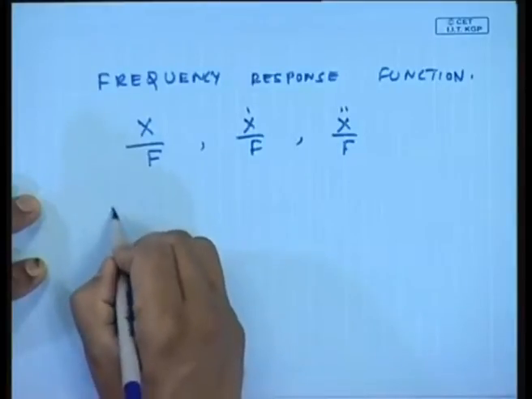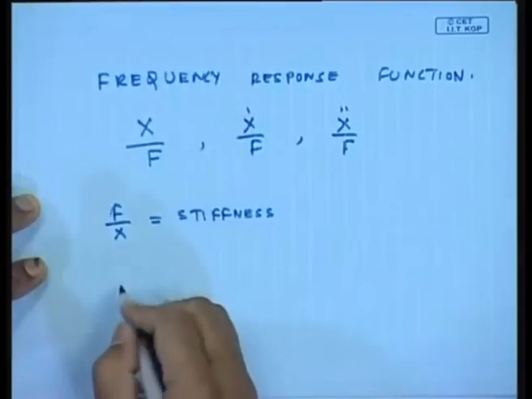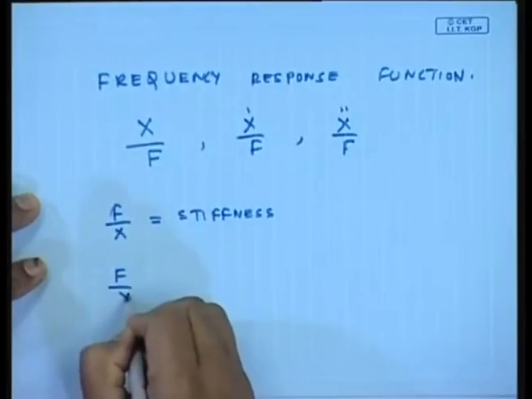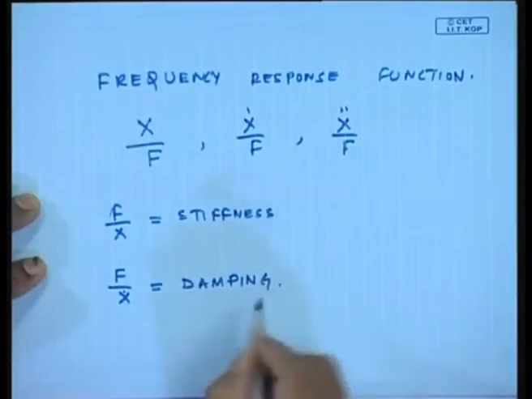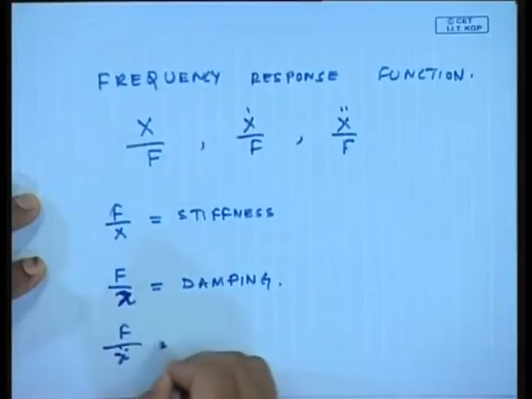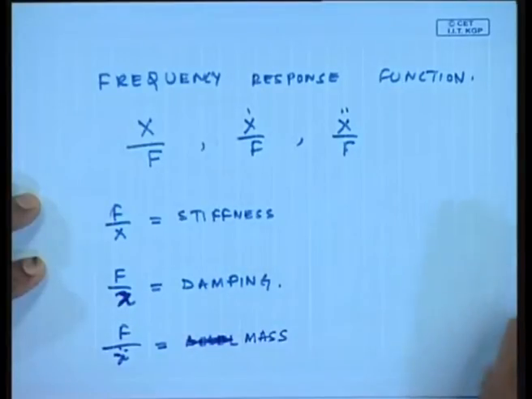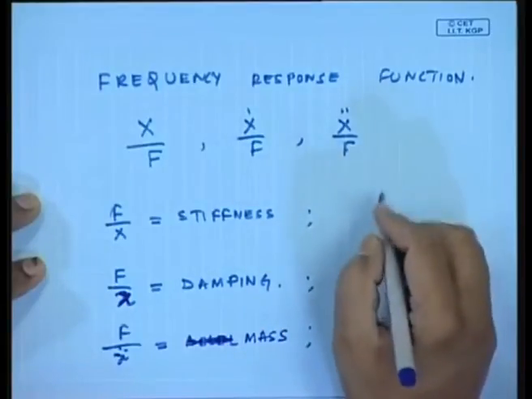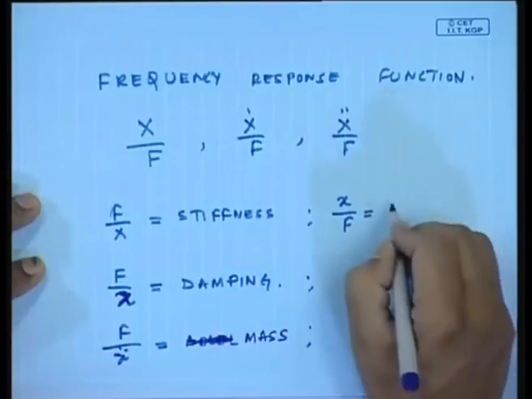And then there are some names associated with it. For example, you all know f by x is nothing but stiffness, then f by x dot is the damping, f by x double dot is nothing but the mass, and the inverse of this, x by f, is nothing but the compliance.